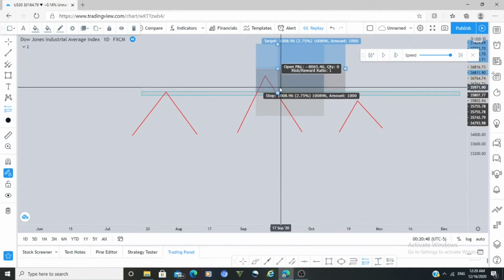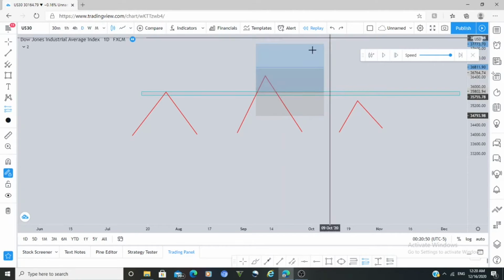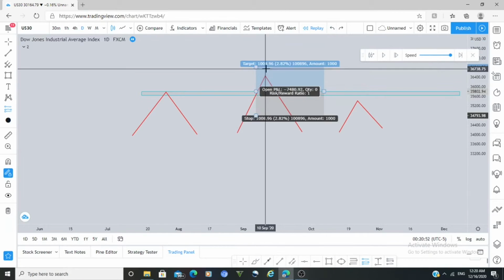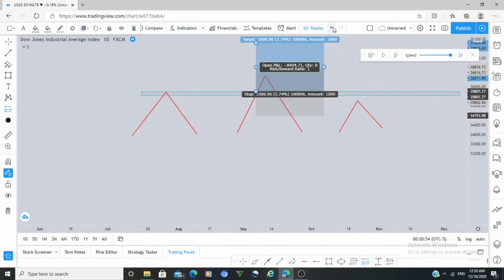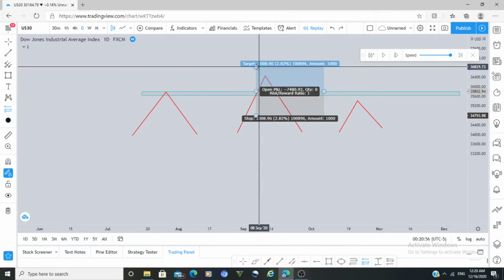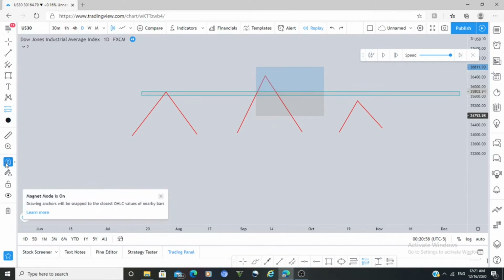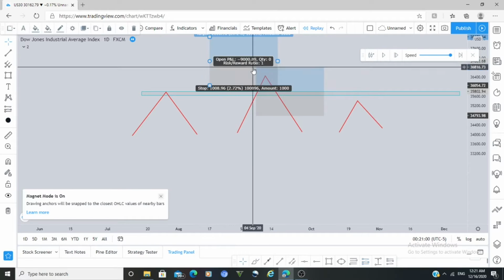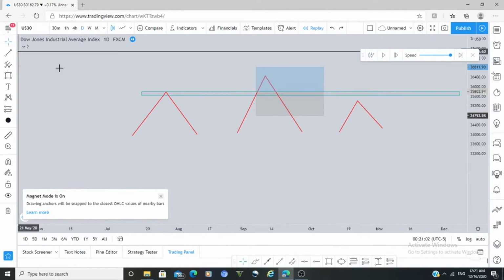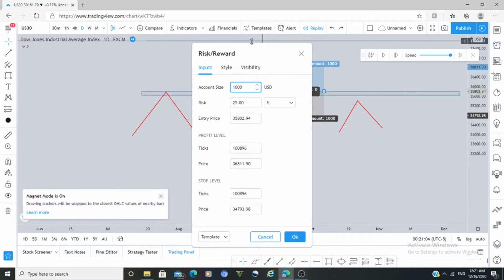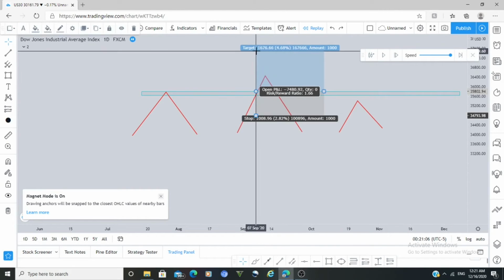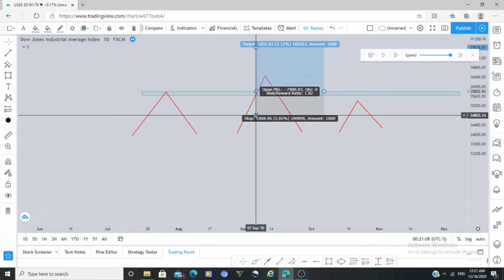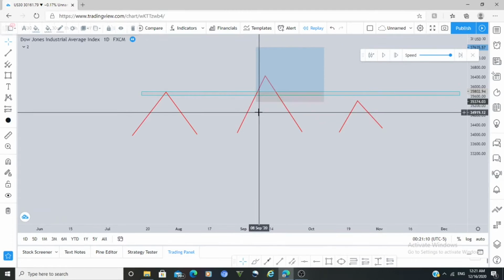Let's say that their take profit will be up here, right? And their stop loss will be around here.